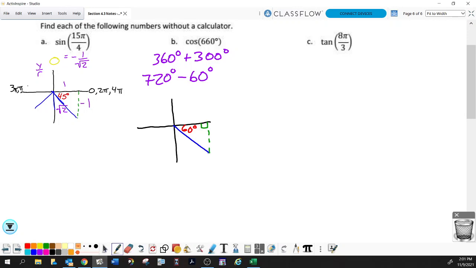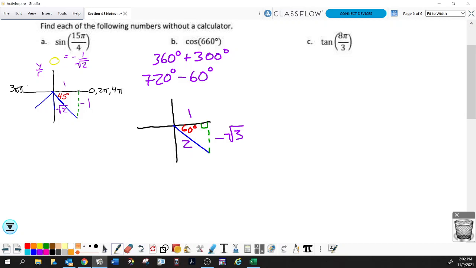The root 3. Because the 1 is always going to be across from the 30. But because I'm in quadrant 4, it's negative root 3. And that actually doesn't affect the answer because this is cosine, x over r. And x over r here is going to be 1 over 2.